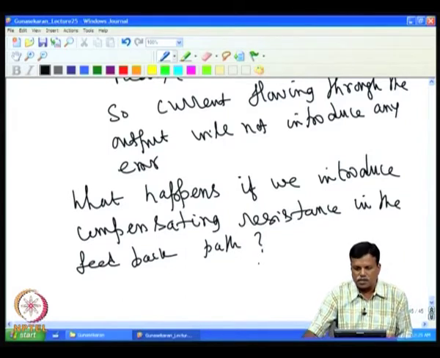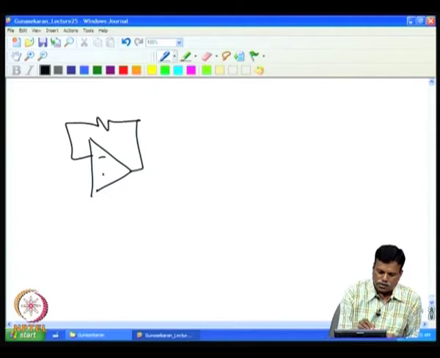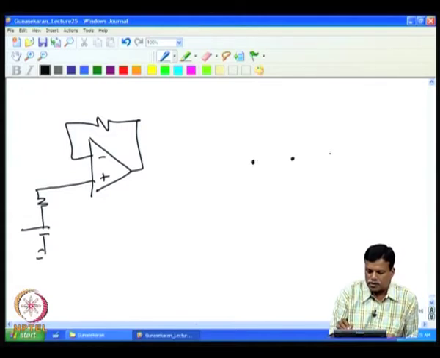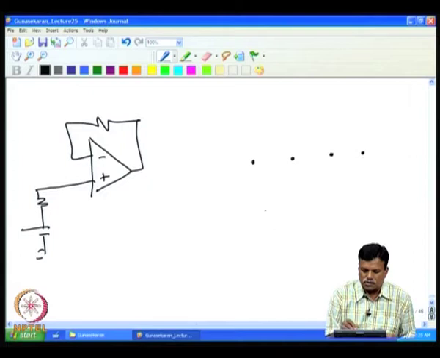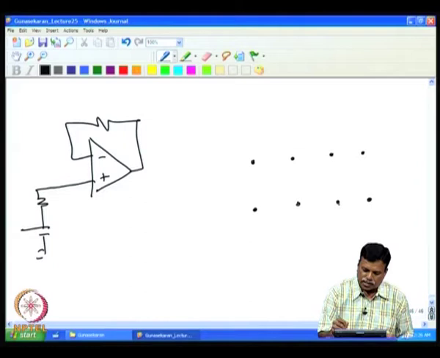Actually, that is a serious problem here, because if I put the resistance, then it looks like this. You have the op amp, and I introduce the resistance here, which is equivalent to the input impedance. Now, in the layout, we will have pin number 2 and 6. Instead of shorting them, I have to put a resistance.